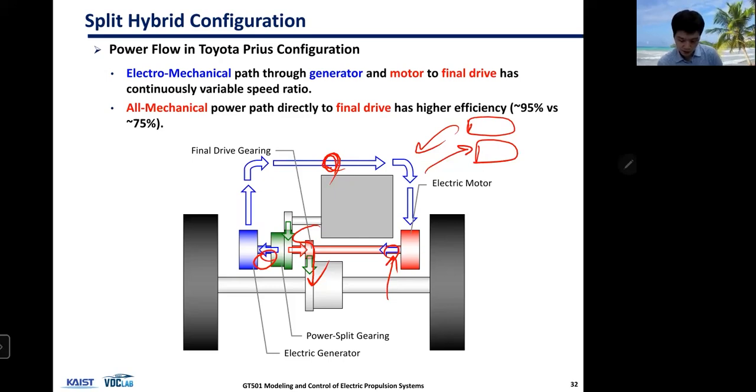And then by doing so, the generator and the motor can be smaller than the series hybrid, because the majority of the mechanical power is directly flowing through the mechanical path. Okay.